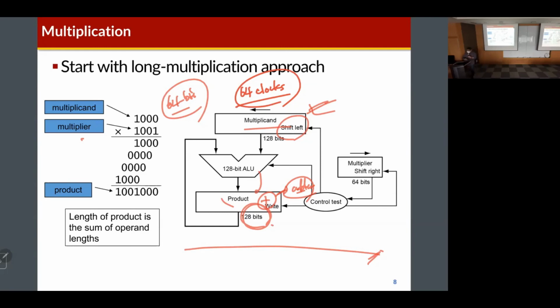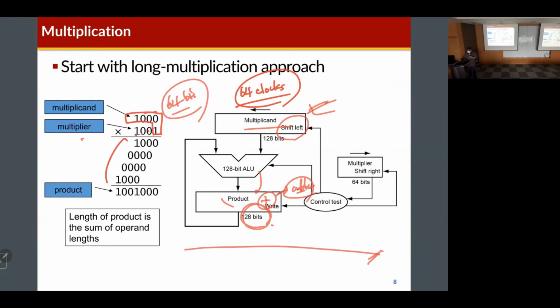But actually the good thing in the multiplication is that we can perform the addition of the partial products in parallel. That's right. So we can generate the partial product for each digit of the multiplier in parallel.